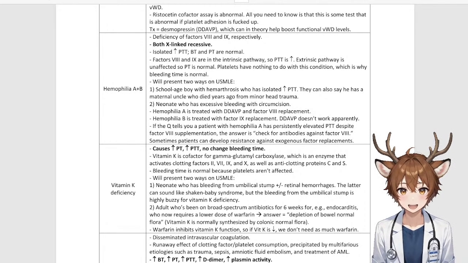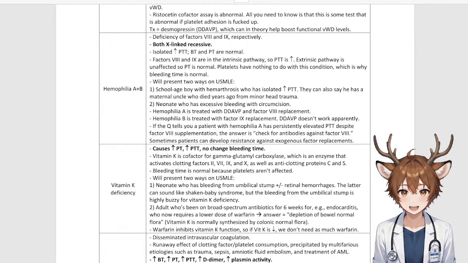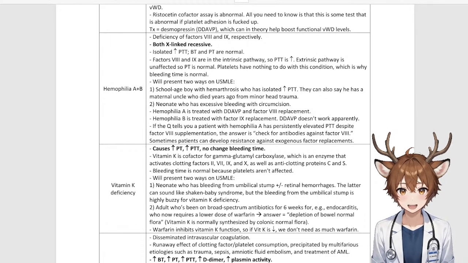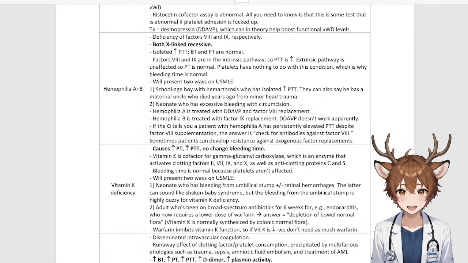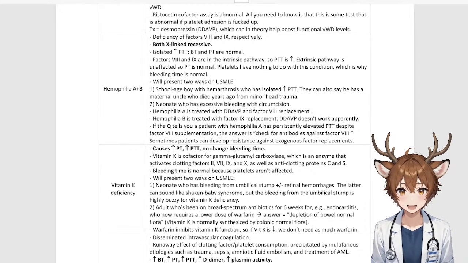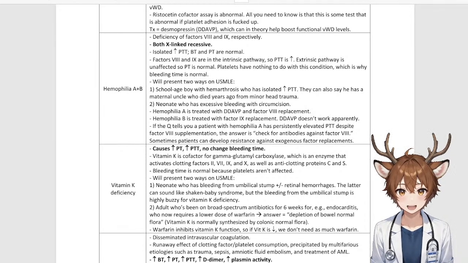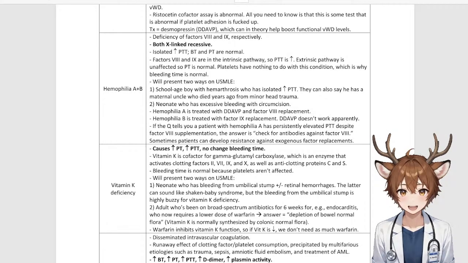Factors 8 and 9 are in the intrinsic pathway, so the PTT is elevated. That's another way to figure it out, because remember what factors are involved in what pathway. If you know, for example, PTT is elevated in isolation, that means it's an intrinsic pathway issue, which means it can only be so many factors. It could be 8, it could be 9, and so forth.